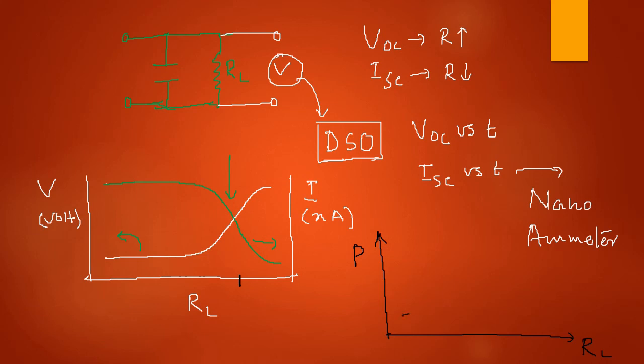So what you will see is that it will go up, and then there will be a peak value like this. Okay, so this is going to be your maximum power, and you will get that for a particular value of the load resistance.